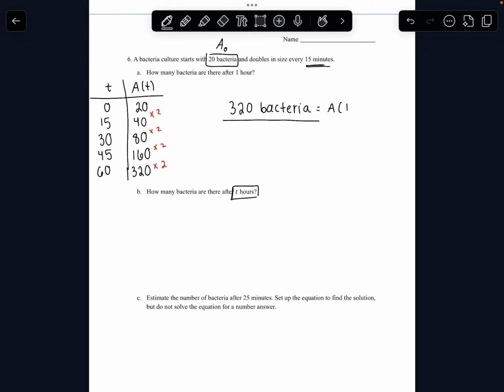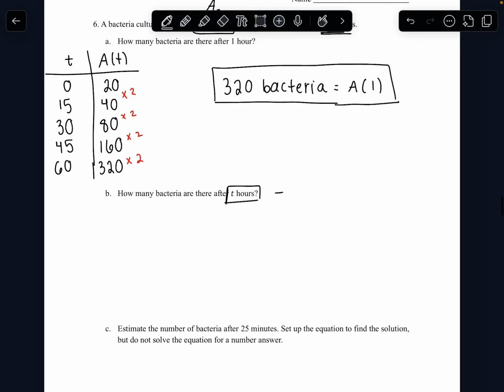Now, how many times did we double in 1 hour? 4 times. So our half-life is 15 minutes, but it's asking about how much is after T hours. That means we have 4 half-lives.